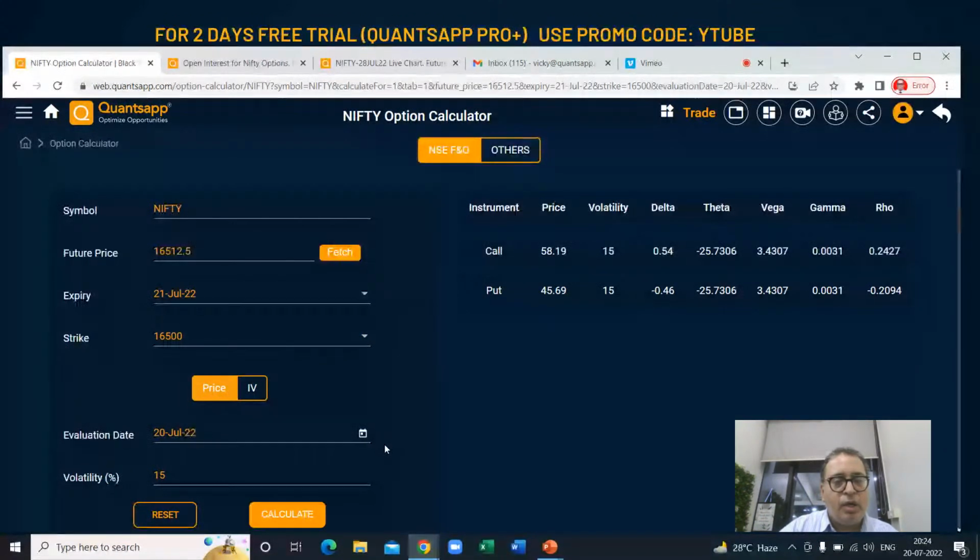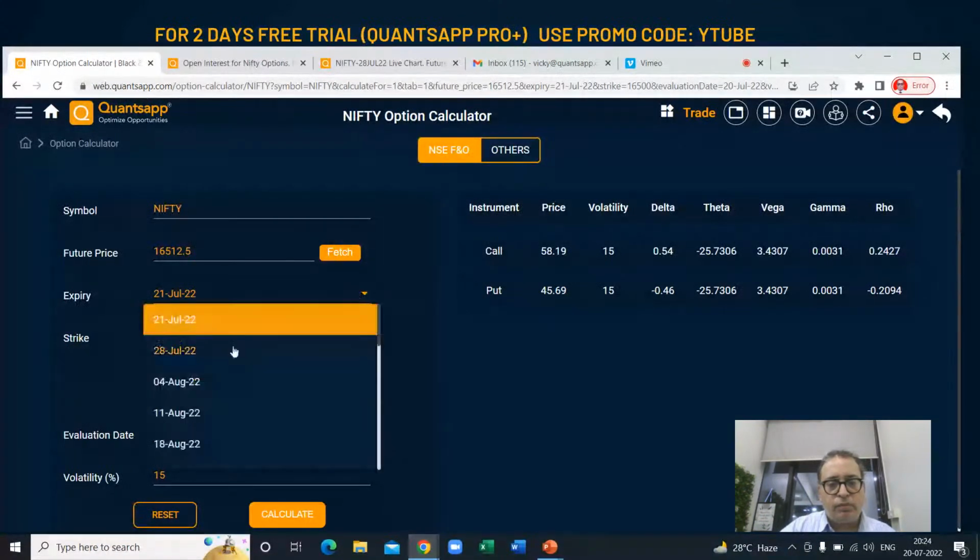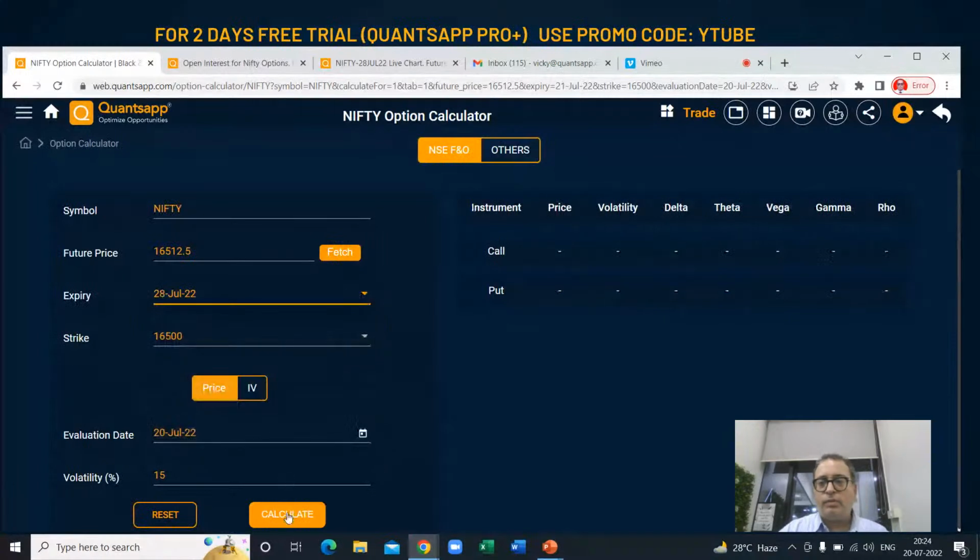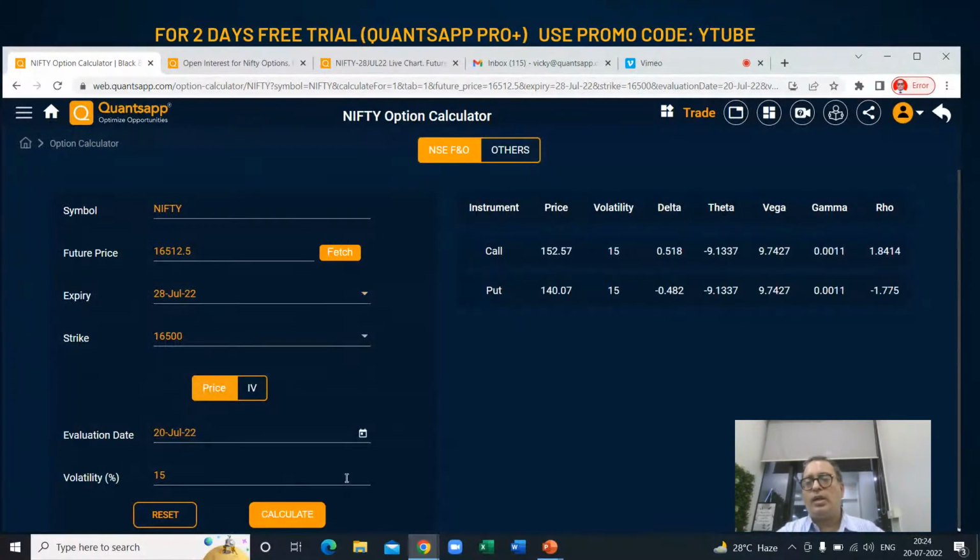Now let's flip the expiries to 28 July and check out the gamma. It's 0.011. Clearly, as I said to you, the gamma wakes up on expiry, and as days go by, the gamma explodes. So that's what causes delta also to rapidly change. That's a nuance which you ought to remember for this example.